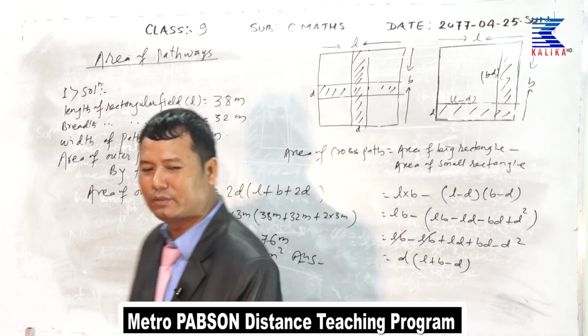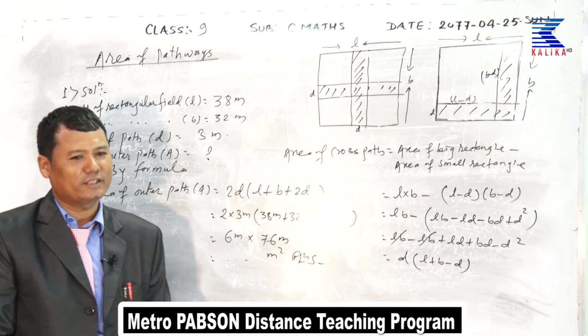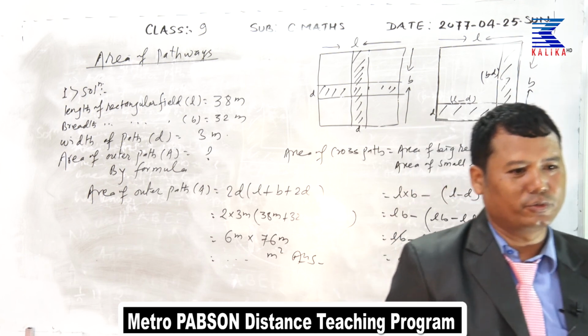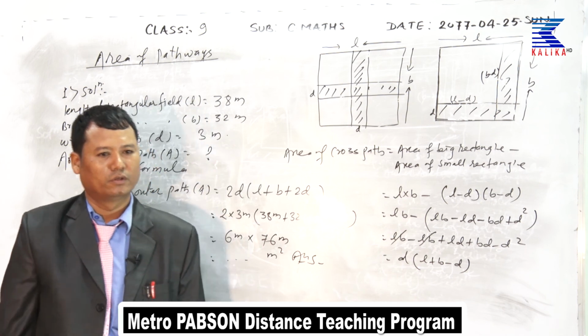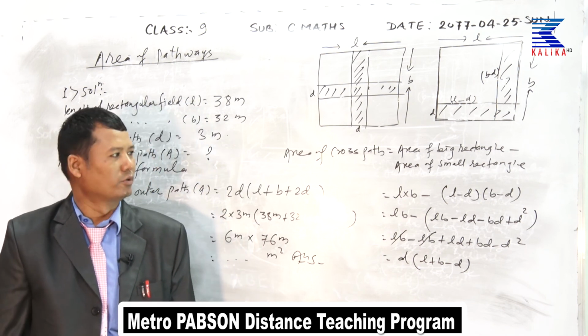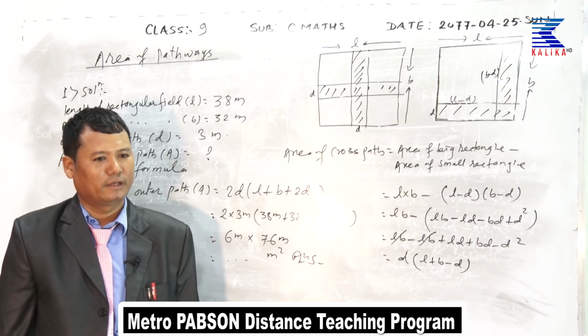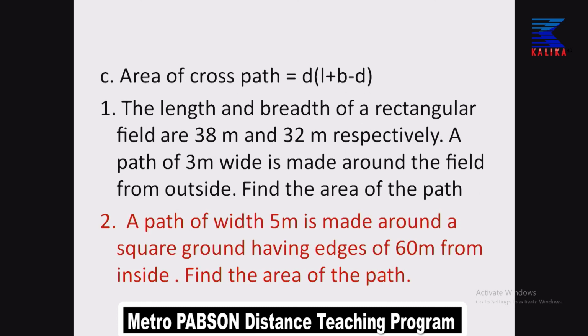And question number 2 is your homework. Look at the slide please. Question number 2: A path of width 5 meter is made around a square ground having an edge of 60 meter from inside.